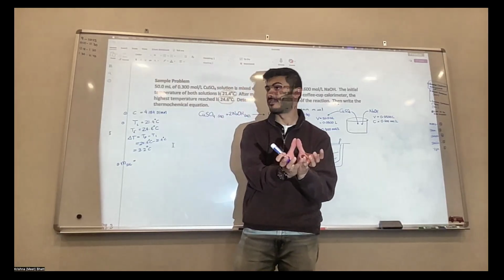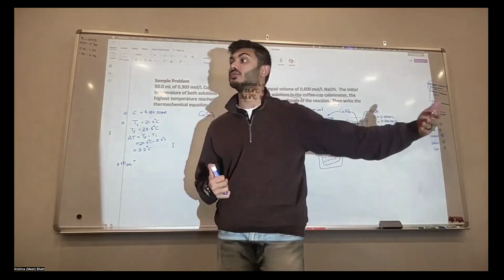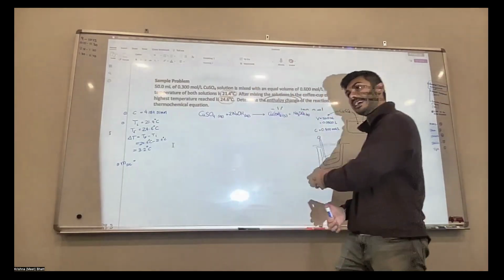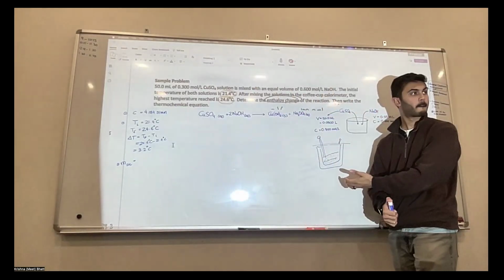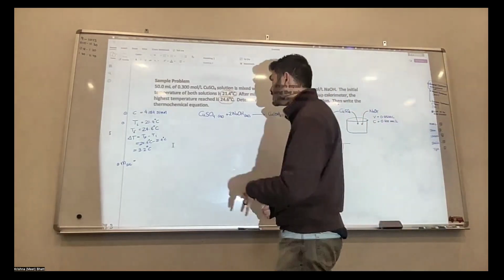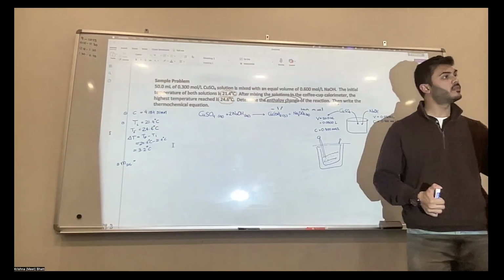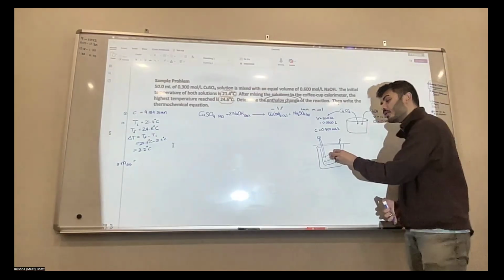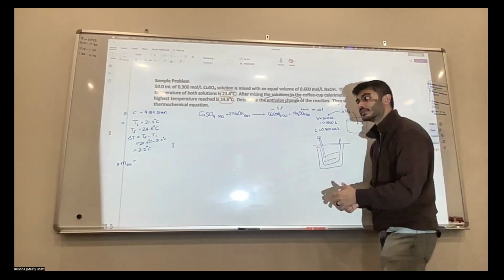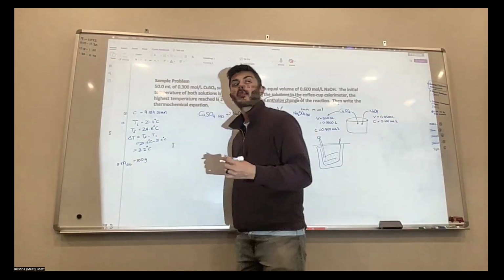Whatever solution you have, we're going to assume that it has a density the same as water because predominantly it is water. Clear with that? So if the density is 1 gram for every 1 milliliter, and I have 100 milliliters, the mass of that solution should be 100 grams.